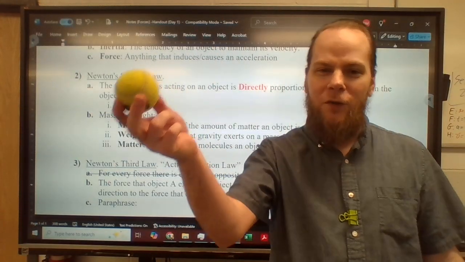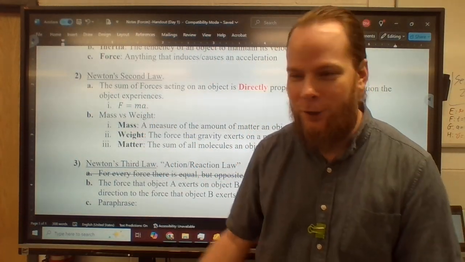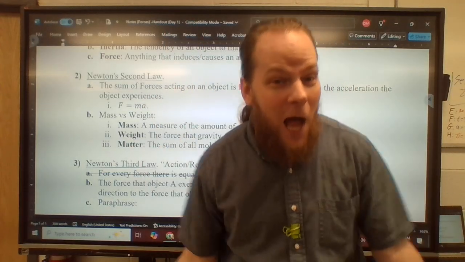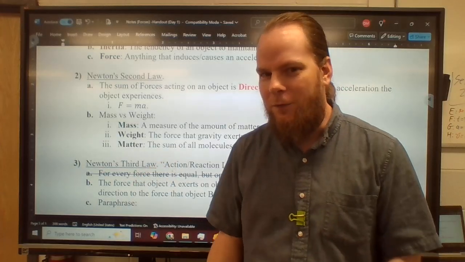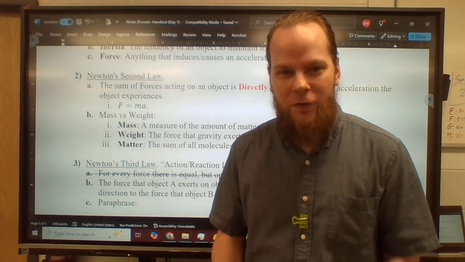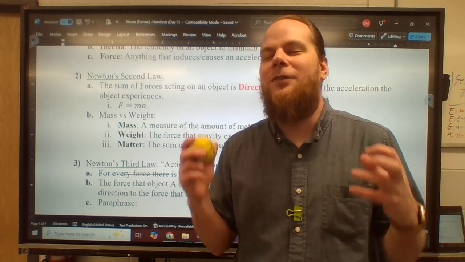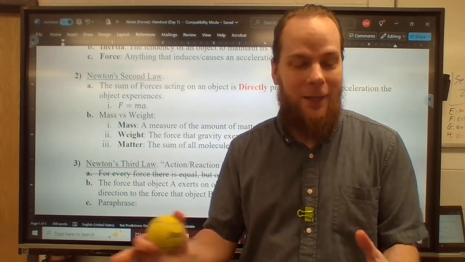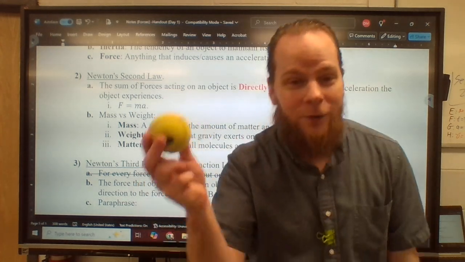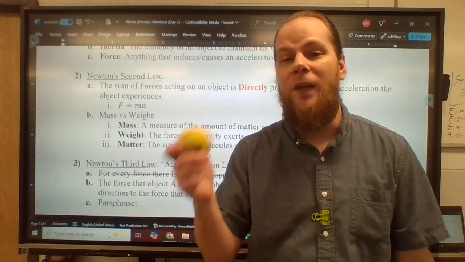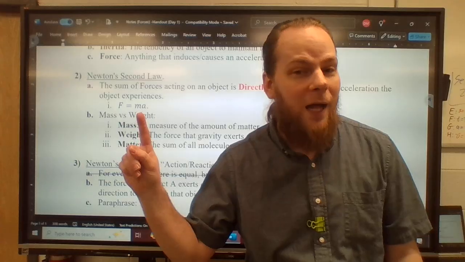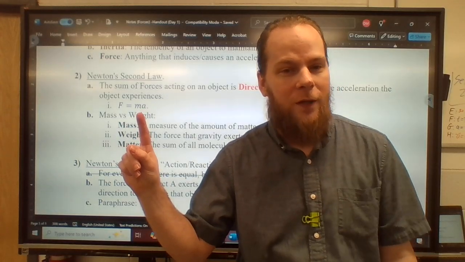Why does the tennis ball fall and the Earth not rise? Same thing, except slightly different. The mass of the Earth is literally astronomically high compared to the mass of the tennis ball. So while they experience the same force, they do not experience the same acceleration.